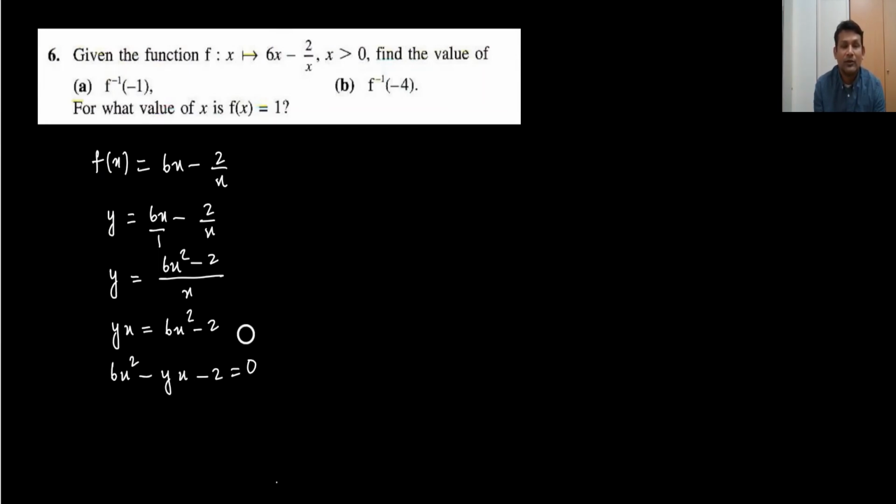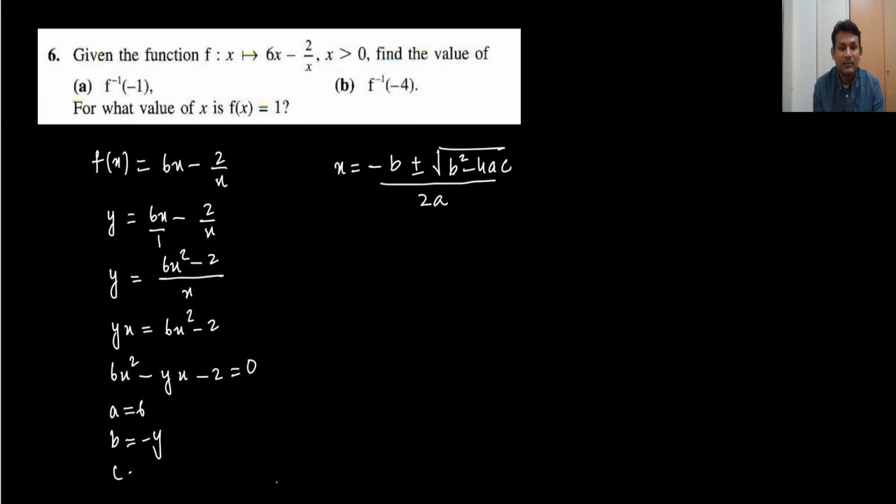For this situation, remember the quadratic formula: x is equal to minus b plus or minus the square root of b squared minus 4ac, divided by 2a. This formula will be used to make the inverse function in a quadratic equation. In a quadratic function, we always require the quadratic formula. So a is 6, b is minus y, and c is minus 2.